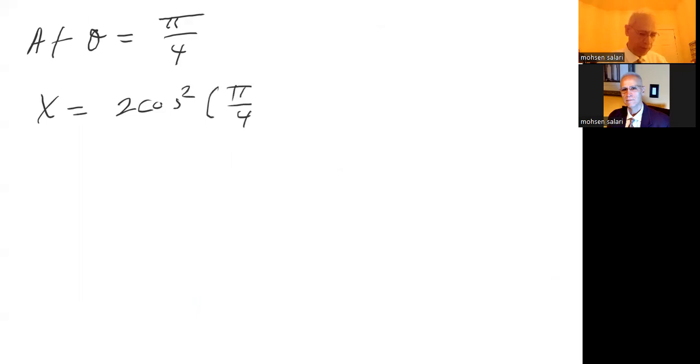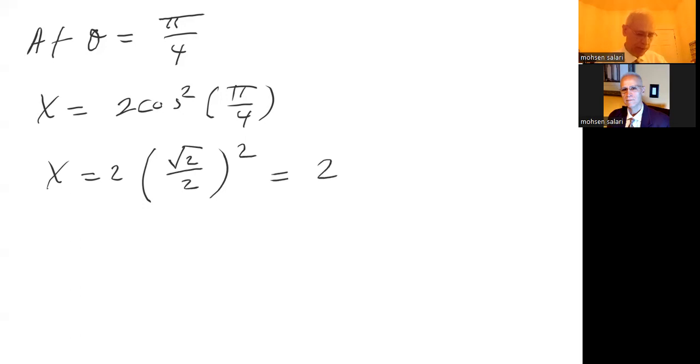At theta equals pi over 4, we said x equals 2 cosine squared of pi over 4. So x equals 2 times root 2 over 2, squared. That's going to be 2 times 2 over 4, which is 1/2, so that gives me a 1.